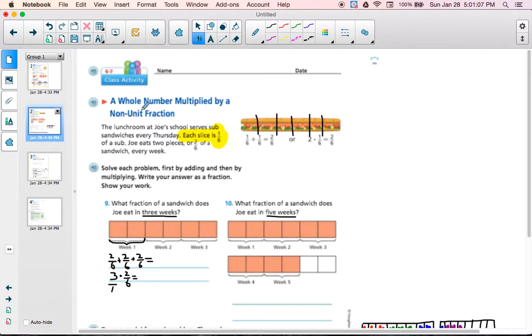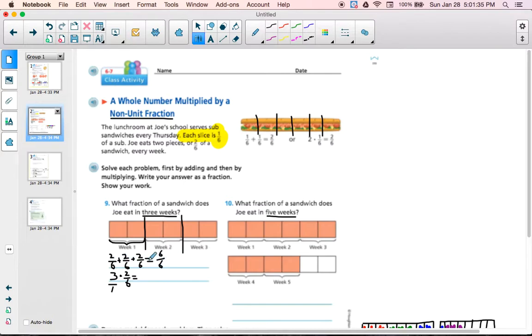So now we're not multiplying by a unit fraction anymore. We're just multiplying by a fraction. So let's see. Week 1, he eats 2/6, right there. Then the next week, he eats another 2/6 of the sandwich. In week 3, he eats 2/6, okay? So it's 2/6 plus 2/6 plus 2/6 equals 6/6.